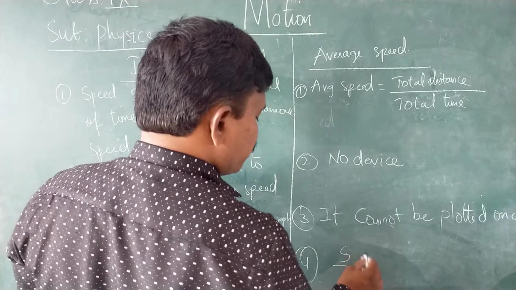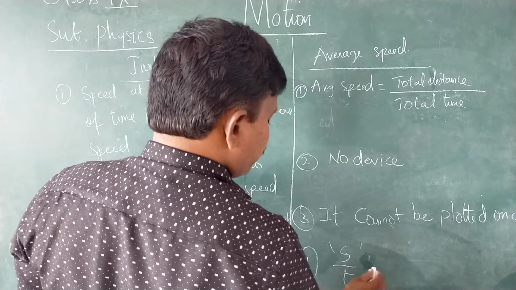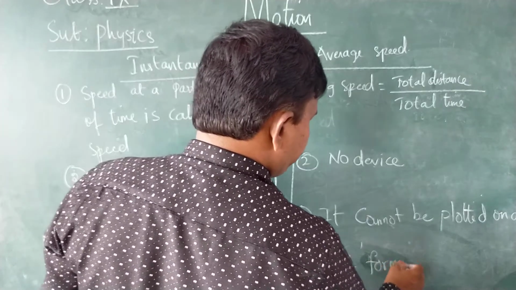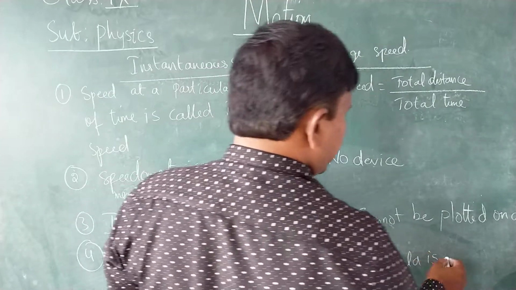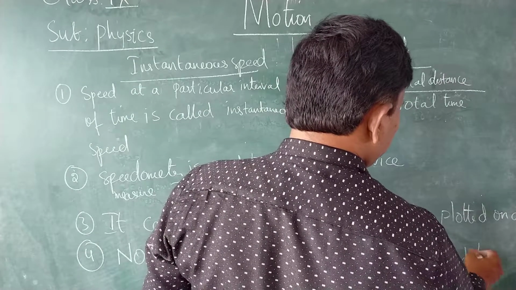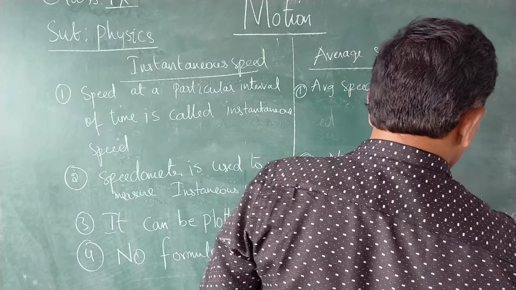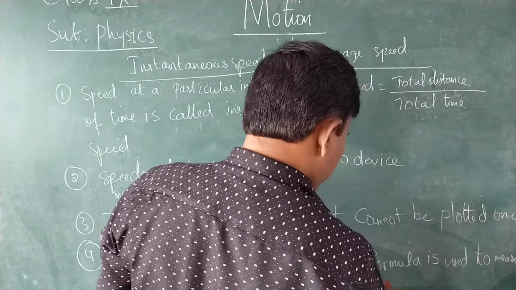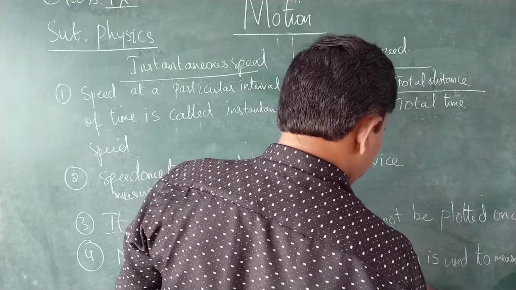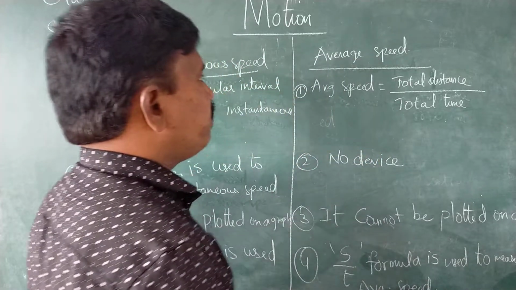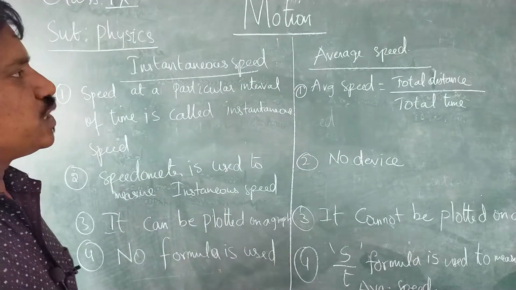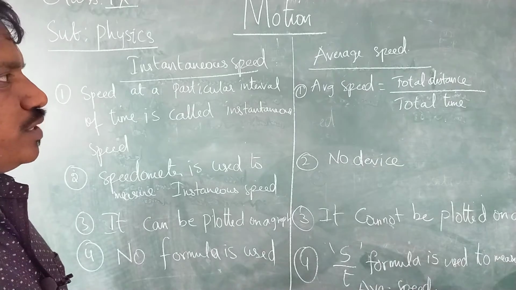The s by t formula, distance by time, is used to measure the average speed. These are the main differences between instantaneous speed and average speed.